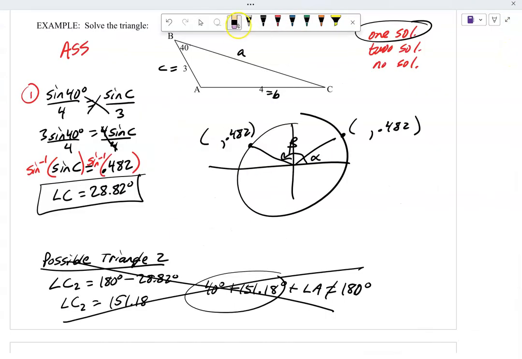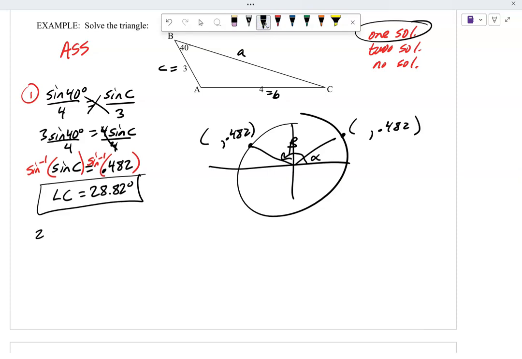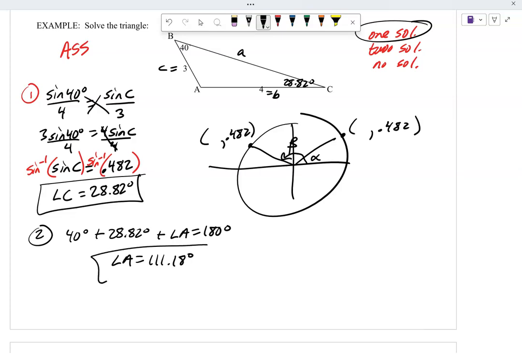All right, let's keep going with this. Let me get this out of the way now. And we've got on to step 2. Now we know angle C, so we got 40 degrees. That's our angle B. Angle C is 28.82 degrees. Plus angle A all adds up to 180. So angle A has got to be 111.18 degrees.